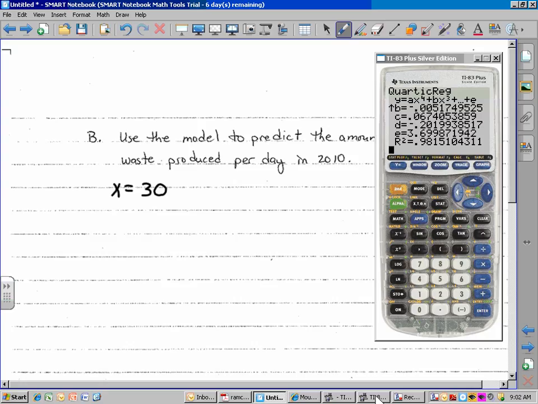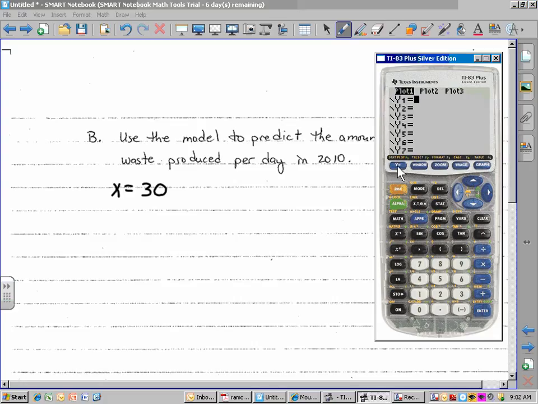Now, to use the calculator, we need to put this equation into y equals. You can type this in by hand, or the calculator will do it for you. Vars, right beside the clear button. Number 5, statistics. To the right, EQ equation.